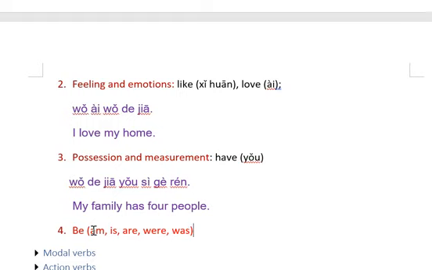In Chinese, all these am, is, are, were, was equal one word, 是, with a falling tone on top of the i. I cannot type that, but you know 是.